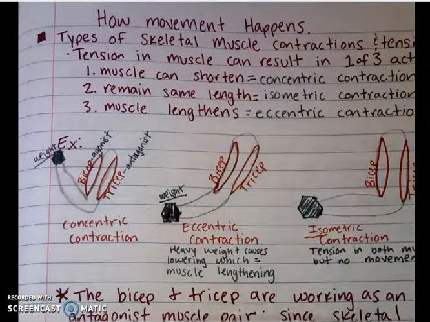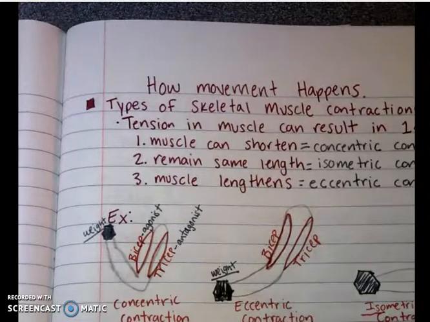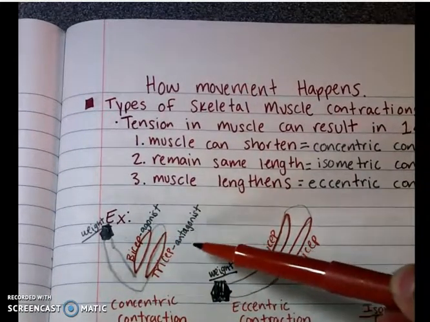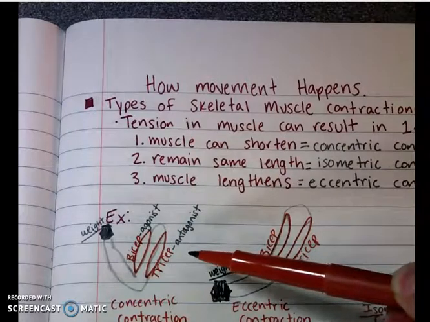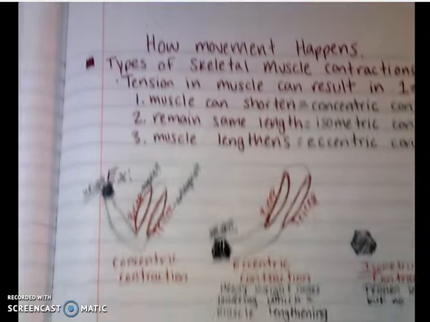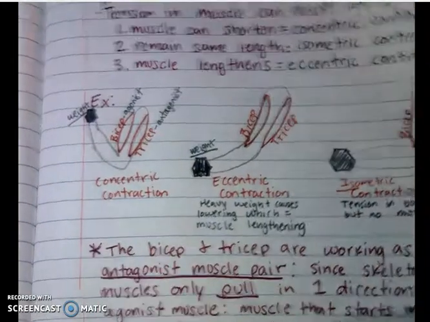Something that I do want to point out for this example is, if we go back here to the concentric contraction, you see that I wrote agonist and antagonist. Typically your skeletal muscles are going to work in pairs. The reason that they do this is because your muscles only pull, they never push.